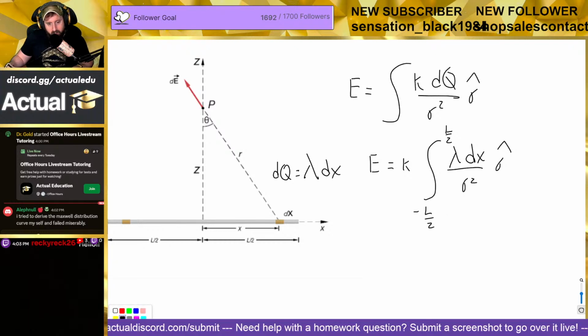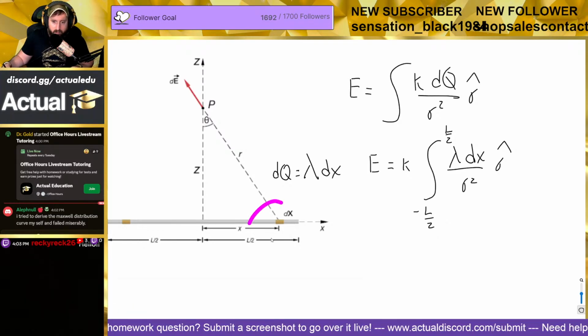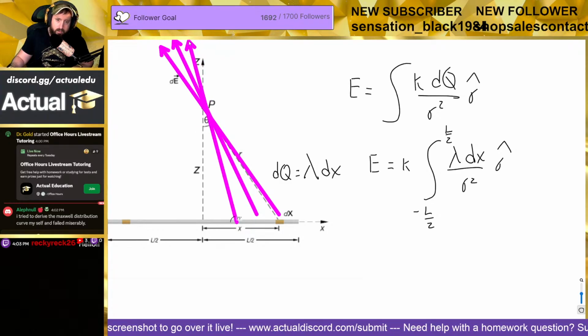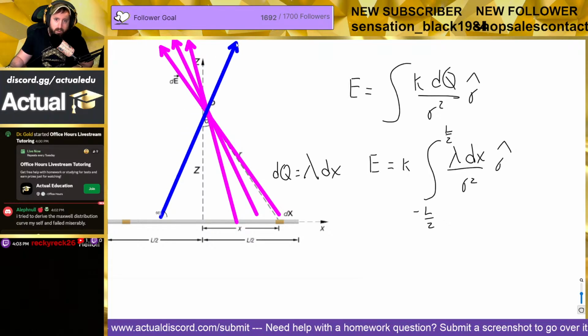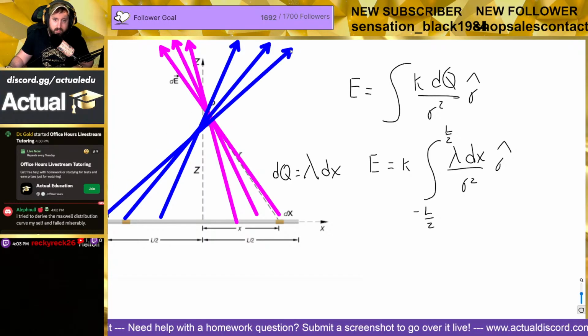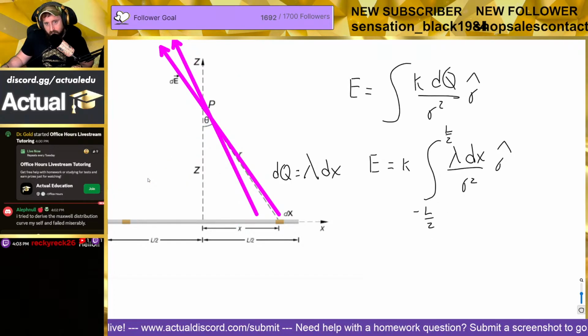And then the argument we make here is that the electric field from all my little dq pieces is going to keep pointing up, because the ones on this side will get canceled out by the ones on this side in terms of the x direction. The amount this electric field goes to the left from this piece will cancel out the amount to the right from this piece.